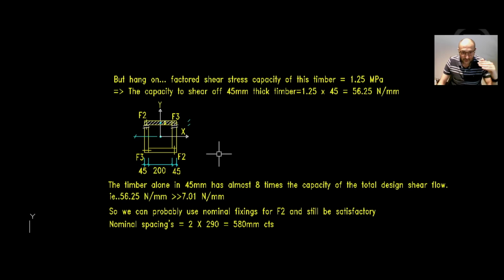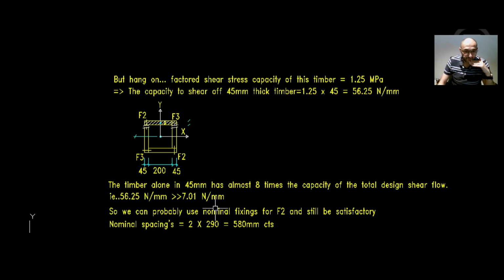Now the capacity to shear off a 45 millimeter thick timber is 1.25. Remember, MPa is Newton divided by millimeter squared, okay? So 1.25 times 45 will give us 56.25 Newton per millimeter. So to shear this 45 millimeter off, you need 56.25 Newton per millimeter. That's how much force you need, okay?